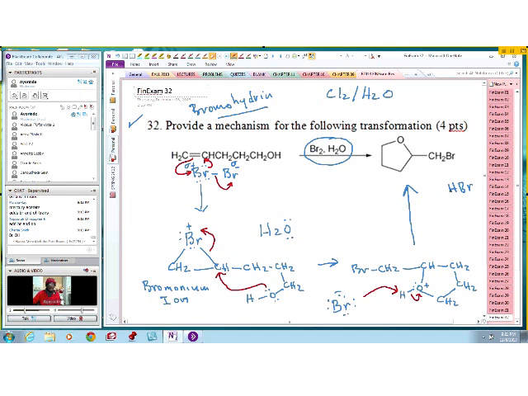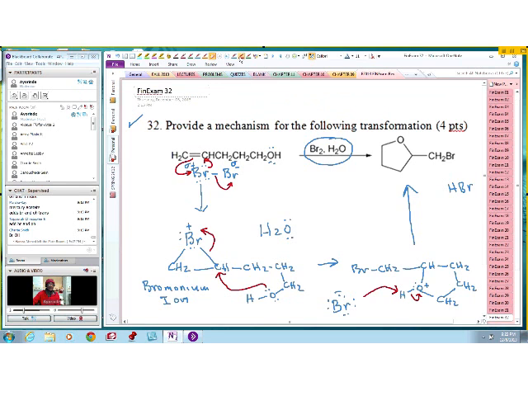Now, keep in mind, the reason why this happens is because we have this OH in this molecule. If there was no OH in this molecule, what you would normally obtain would be a bromohydrin.